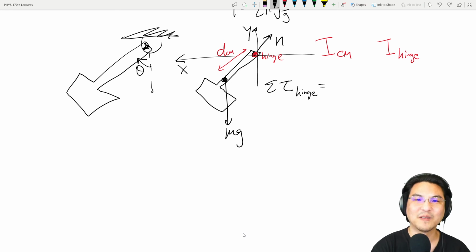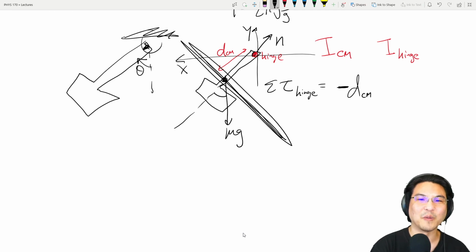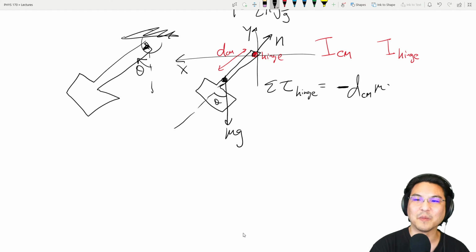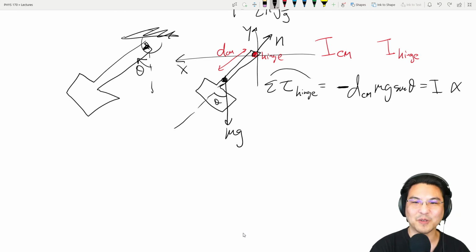Okay, so there's torque from this force going this way, which is actually in the negative direction. d, center of mass, right here to here, times only this component of the weight, which is opposite the angle. So mg sine theta equals I alpha, and since we sum torque about the hinge, this I is the moment of inertia about the hinge.